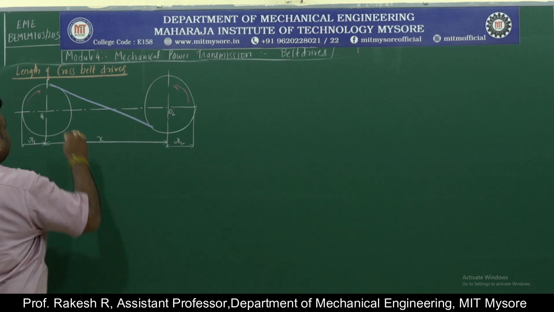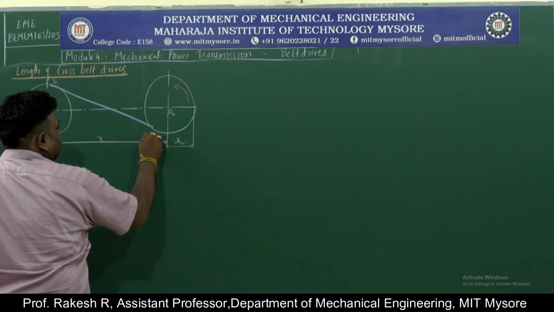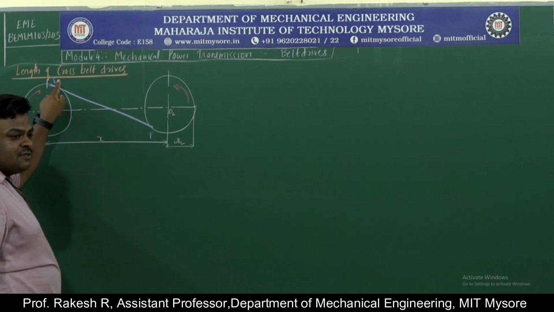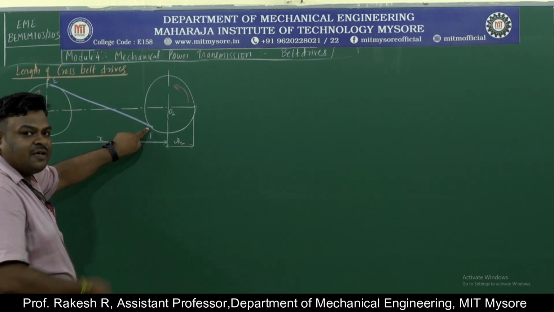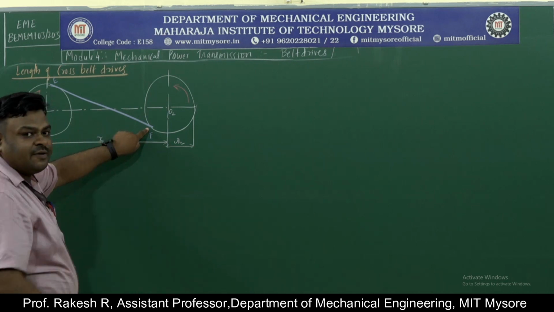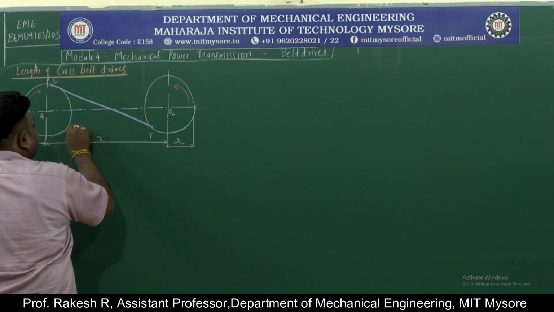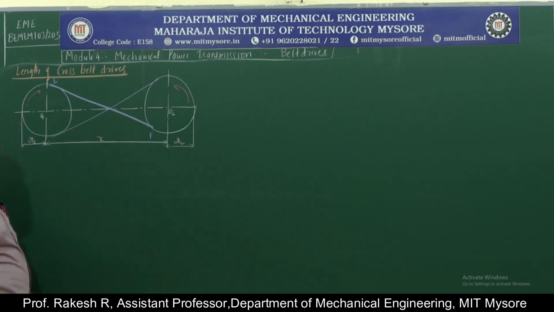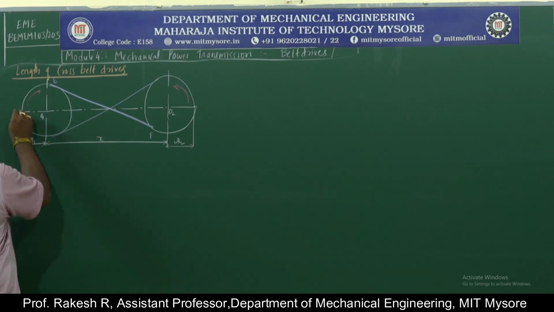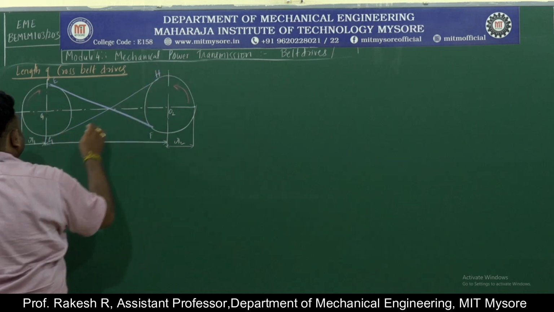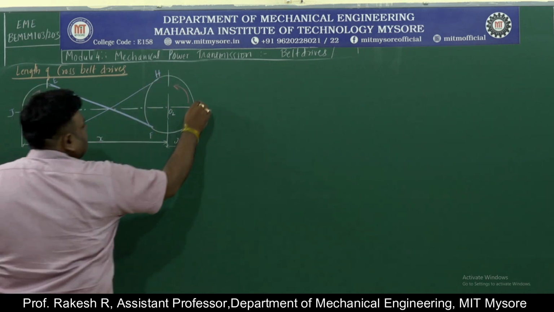So this is again E and F. E is the point where the belt leaves the driver pulley. F is the point where the belt enters the driven pulley. Again, that's why the name cross belt drive. So this is EF, and we have taken G, H, and this is J and K.